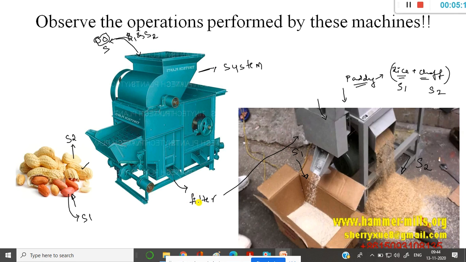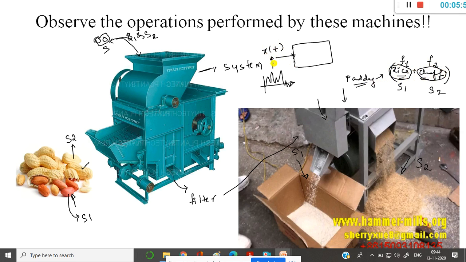Similarly, if the same concept is used, I have a system where my signal is x of t. What do you mean by this x of t? This x of t signal consists of many other signals. In another way, rice is one signal with some frequency f1 and another signal f2, so there are two important components present within the paddy.